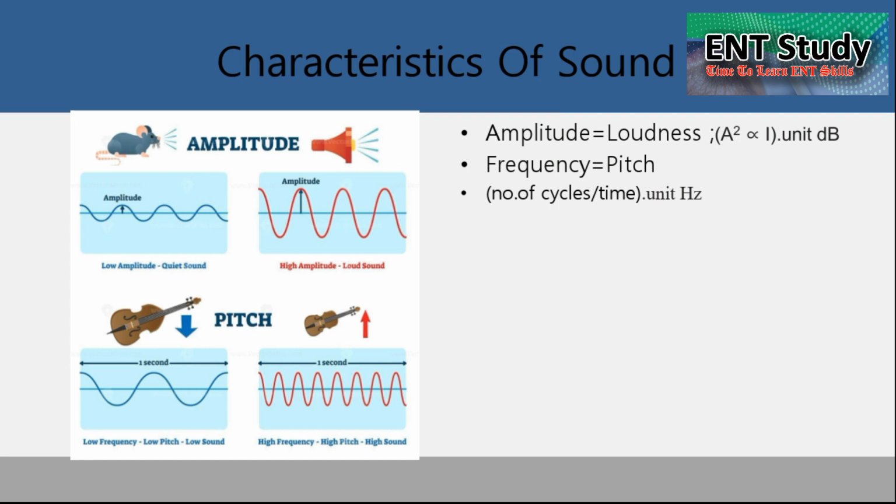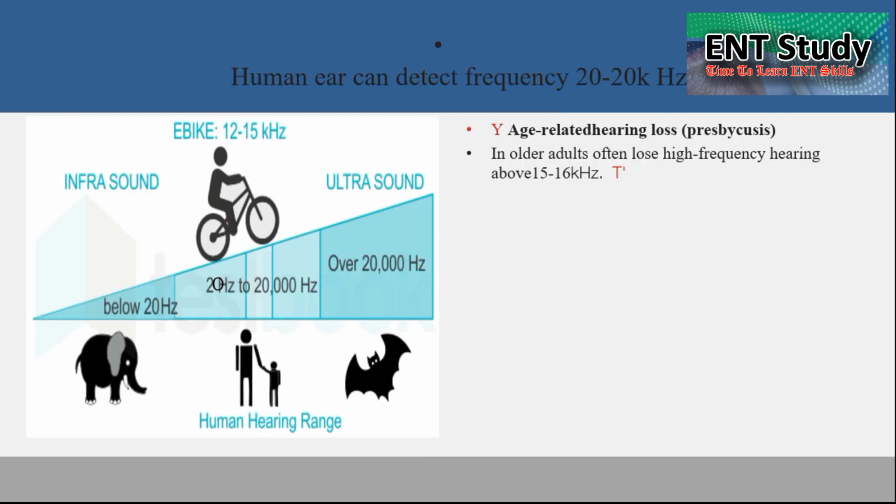The amplitude of the sound, or loudness, is measured in decibels, while the frequency is measured in hertz. A normal human ear can detect a range between 20 hertz to 20 kilohertz, while some animal species can hear beyond this range.